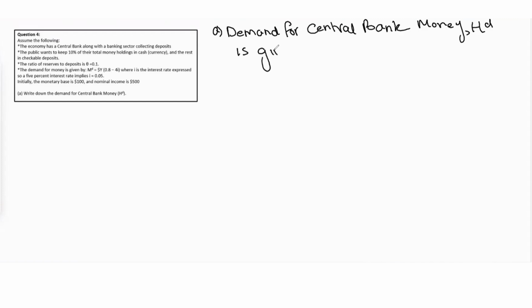Now, demand for central bank money, HD, is given as HD is equal to demand for currency plus demand for reserves.